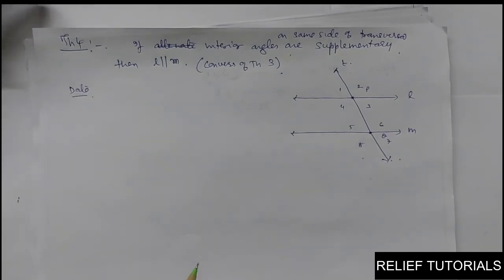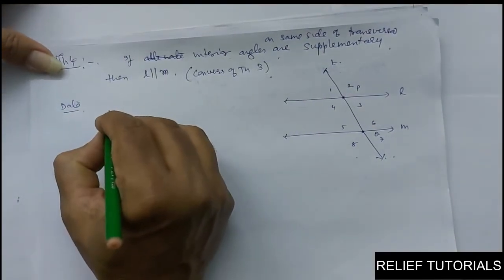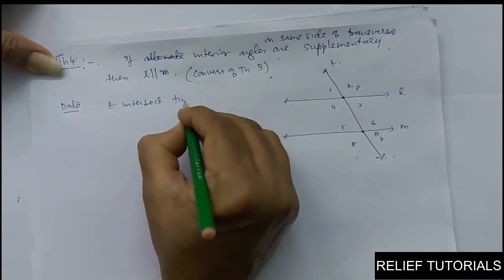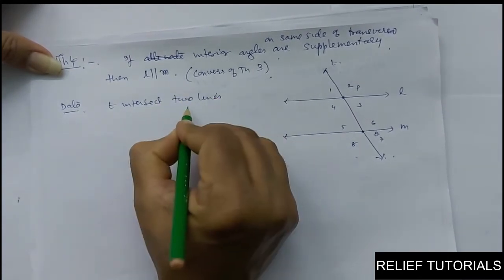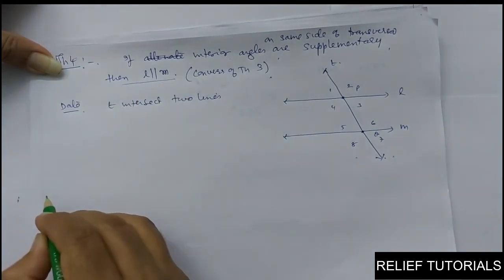Okay. So data, see here. T intersects two lines. We can't write parallel lines, as we don't know whether they are parallel. We have to prove that they are parallel.